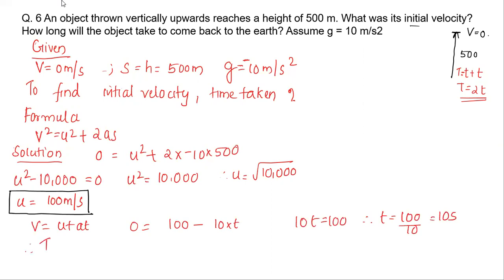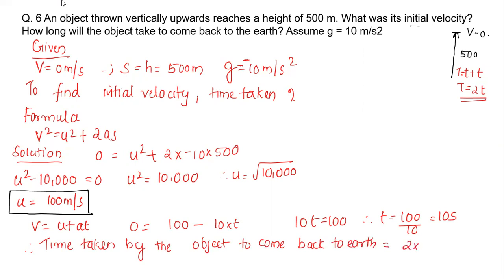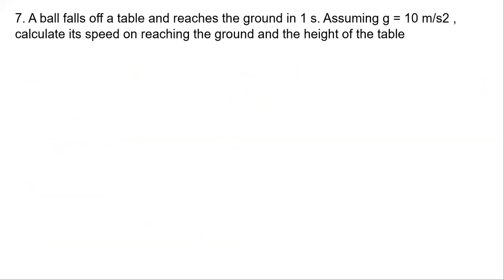Therefore, the time taken by the object to come back to Earth is equal to 2 into t. That is 2 into 10. That is equal to 20 seconds. I hope it is clear to you. Let us solve the next question.